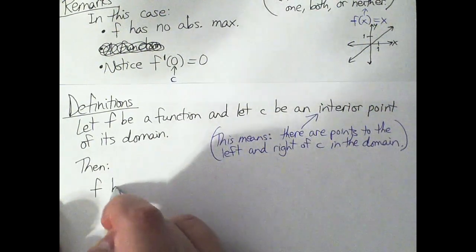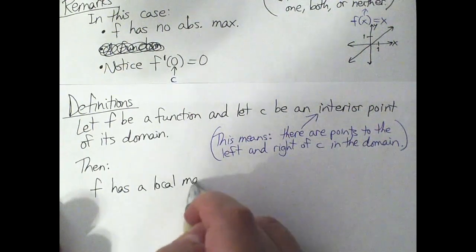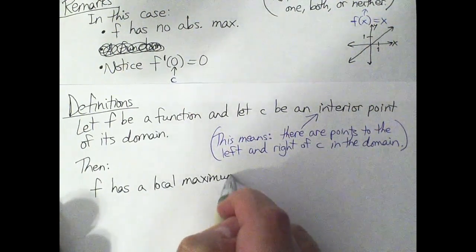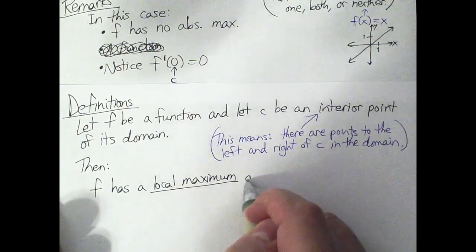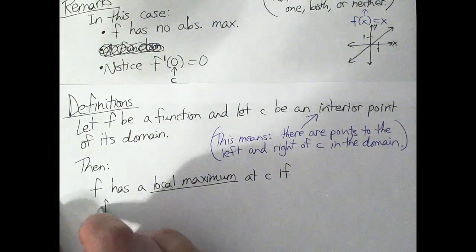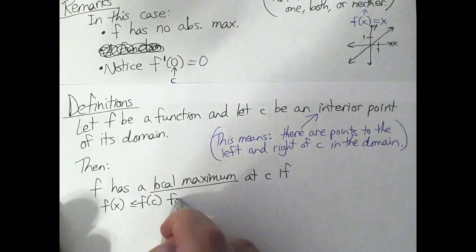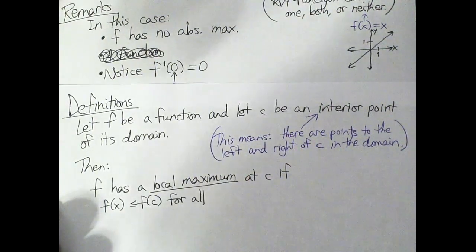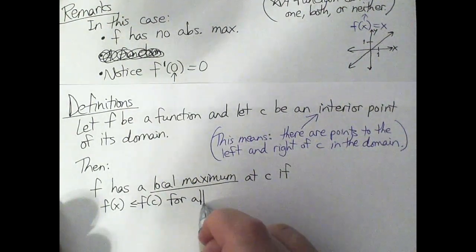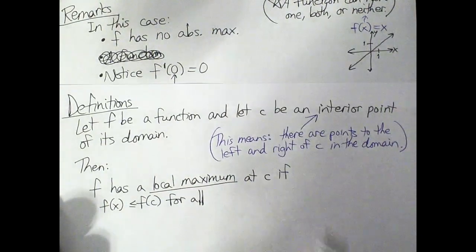Then f has a local maximum at c if f of x is less than or equal to f of c for all, okay, this is starting to look like the definition of absolute maximum, but it needs to be different. They're not the same thing.